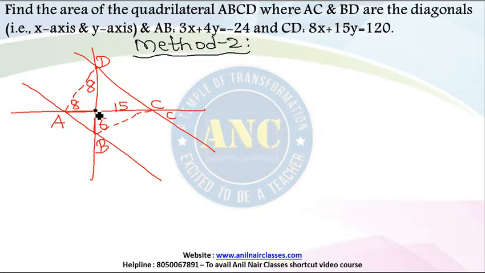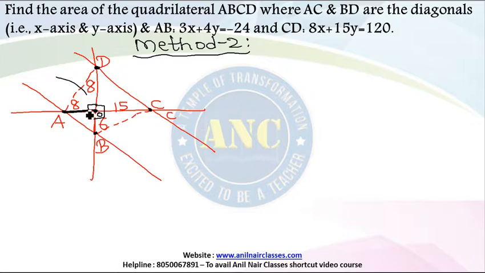This is my origin. Now see here, this ABCD quadrilateral's area is what I am interested in finding. This entire quadrilateral I can split into 4 right angle triangles, if I call this my origin. The first right angle triangle's area is half into base into height.